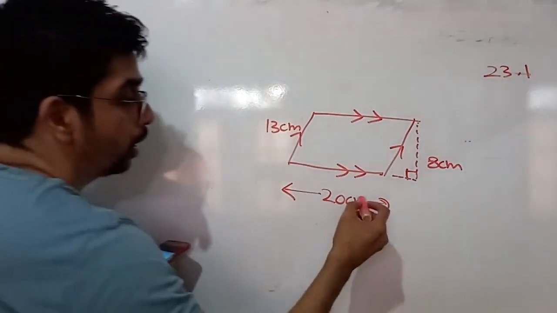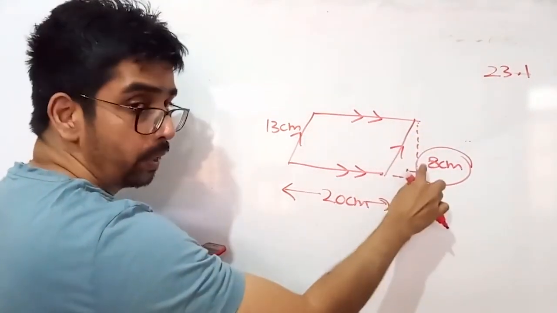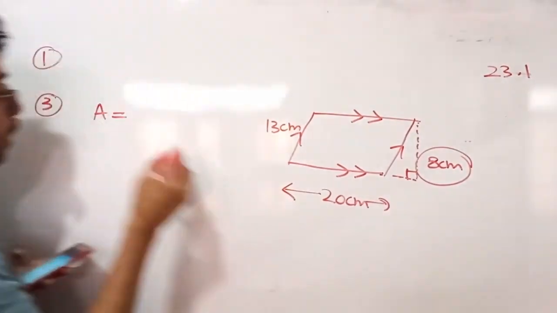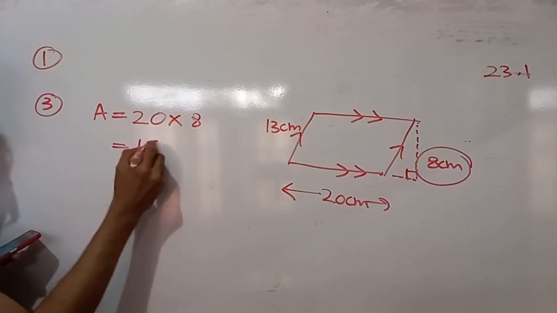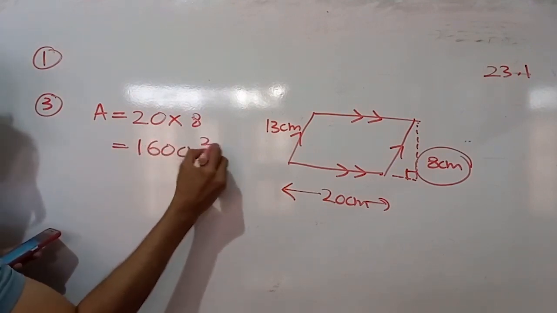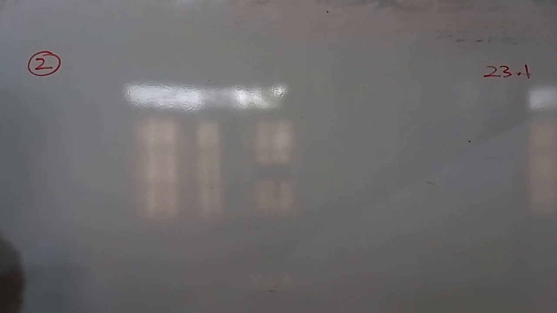So here, of what length is this the perpendicular height? මේක කාගේ perpendicular height එකද? We say. So what will be the area? 20 times 8. So that is what? 160 square centimeters. If the perimeter of the parallelogram ABCD is 52 centimeters, find its area.